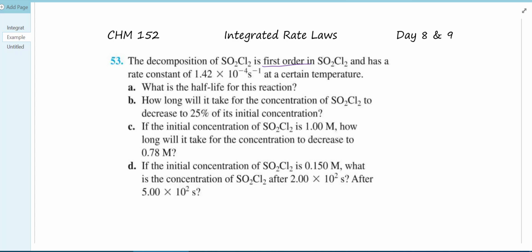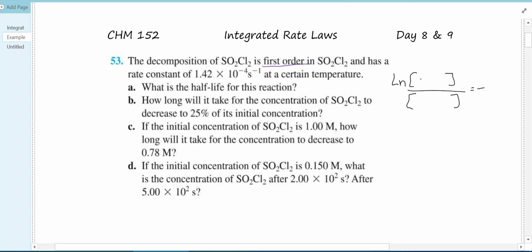is I would write out that there's the natural log of the concentration of A, in this case SO2Cl2, equal to negative kt plus the natural log of the concentration at time 0.